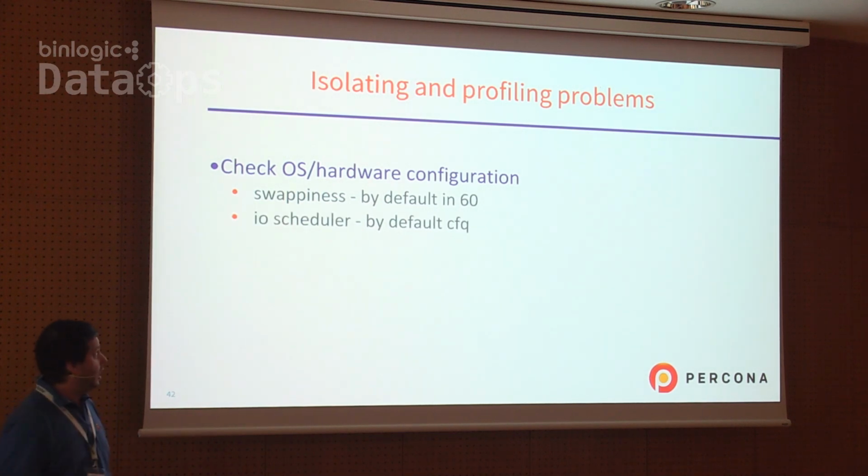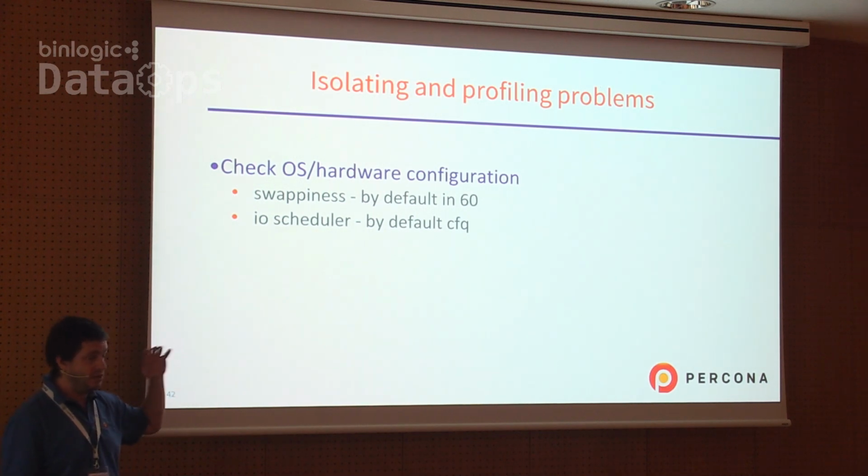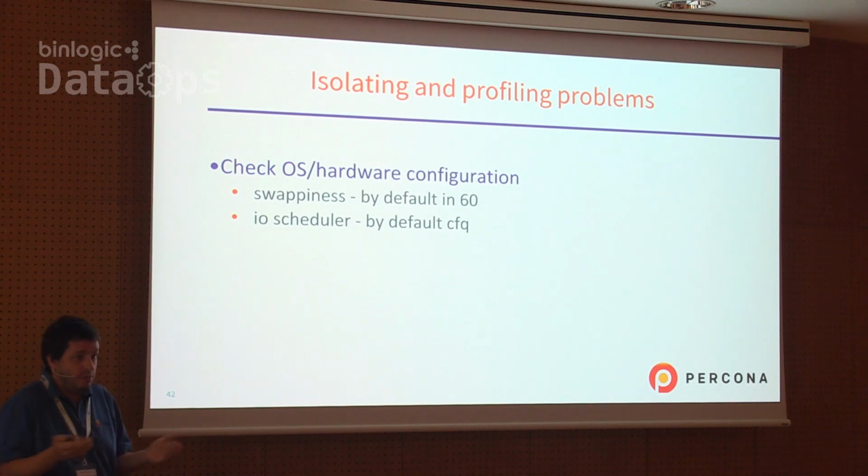Then I/O schedulers. Again, default for most distributions, if not all of them, is CFQ. CFQ is a disk scheduler, which is very good for machines that are running multiple applications. Not our case. We normally use a dedicated server for MySQL. So again, this is not good.